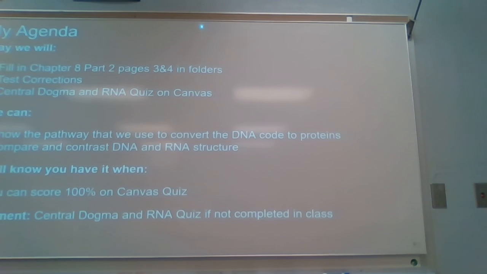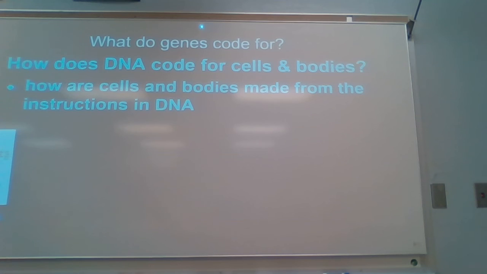Chapter 8, Part 2. That's where we're going to start, page number 3. And this first slide here is not going to be on the fill-in notes, just something to listen to.